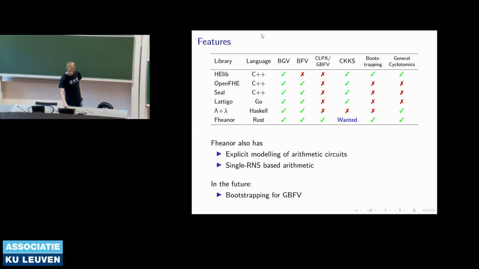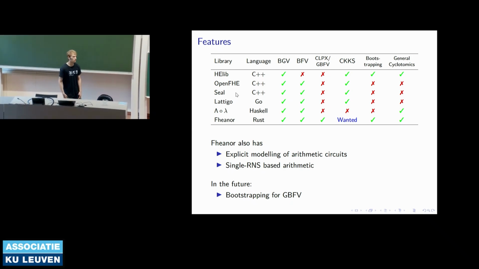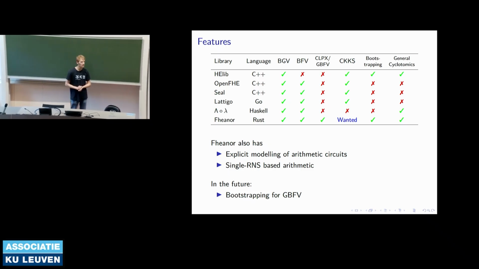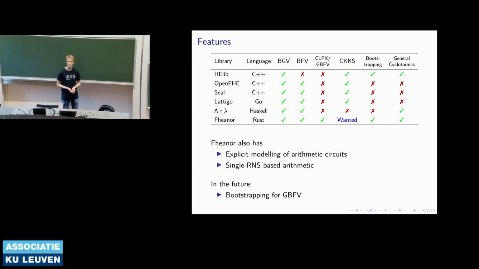Usually all these libraries use double-RNS-based arithmetic, and Fheanor implements both. Again, abstracted away as two different implementations of the same ring: one doing ring arithmetic using double-RNS representation, and one using single-RNS representation. By this modular design of Fheanor, you can basically just choose which one you want to use and plug it in, and the library will work with that.